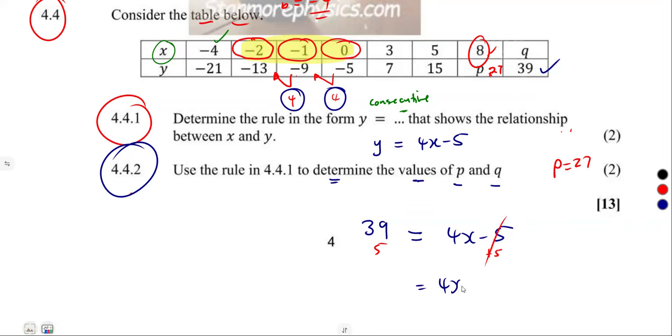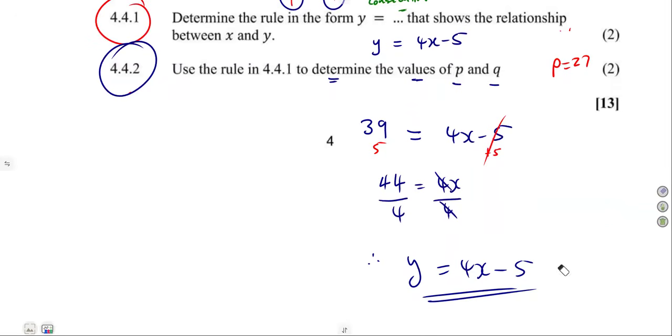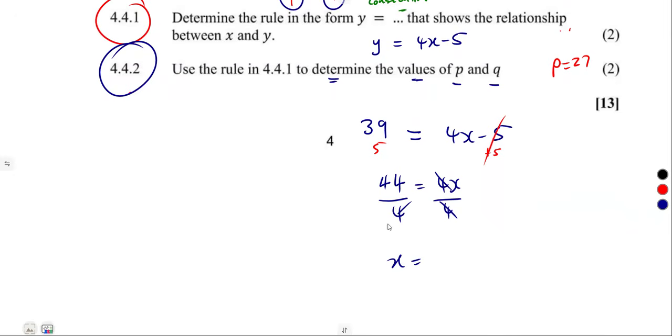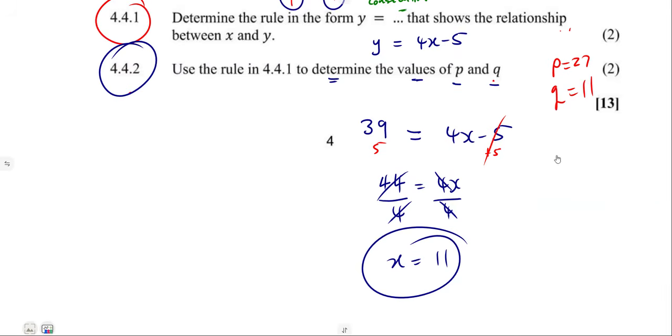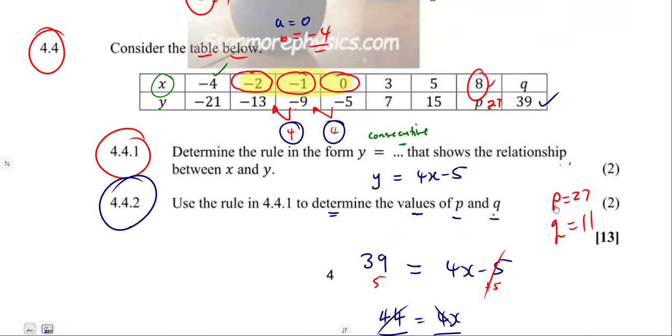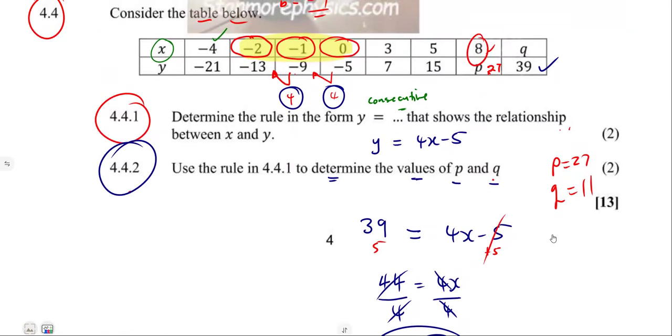So 4x is equal to 44, if we add 39 plus 5, then divide by 4 to find the value of x from there. So x is going to be 4 into 44, that's 11. So the value of x is our q. So Q is going to be 11 from this understanding of our information.